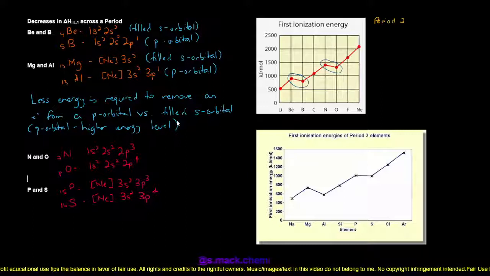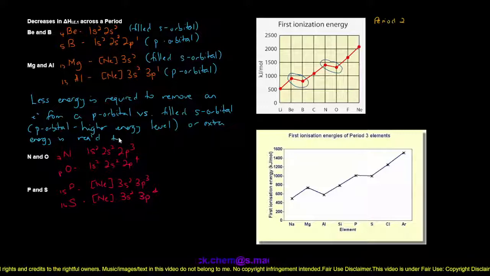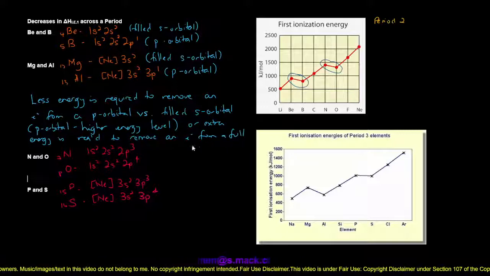Or you can think of it as extra energy is required to remove an electron from a full s orbital. Right, so either answer will work here.